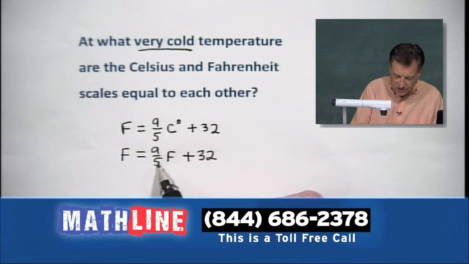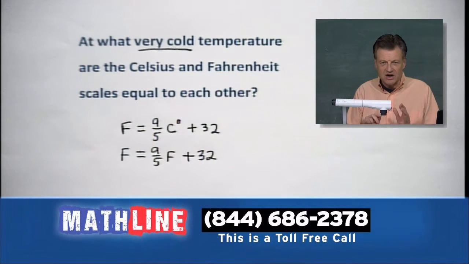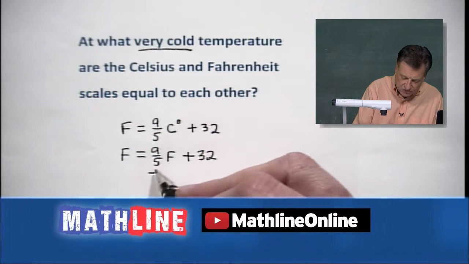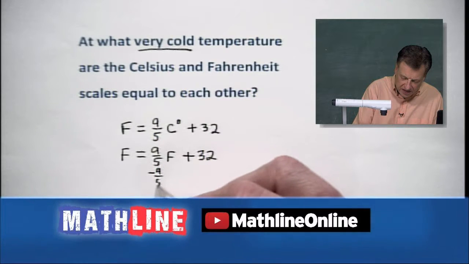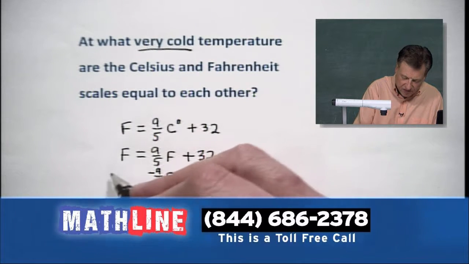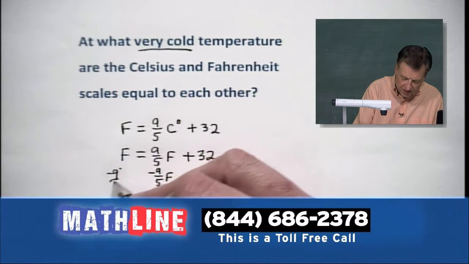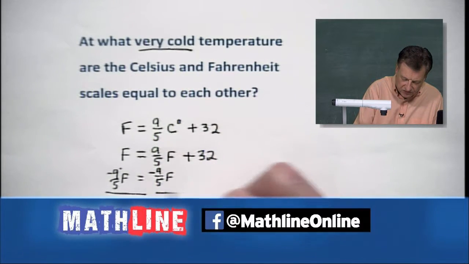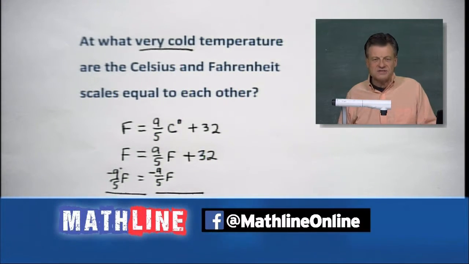We're first going to need to get our F's together. I think what would be wise on this one is to subtract 9/5 F off both sides, and we'll bring an F along for the ride. You say, well, Ernie, what is that going to do?